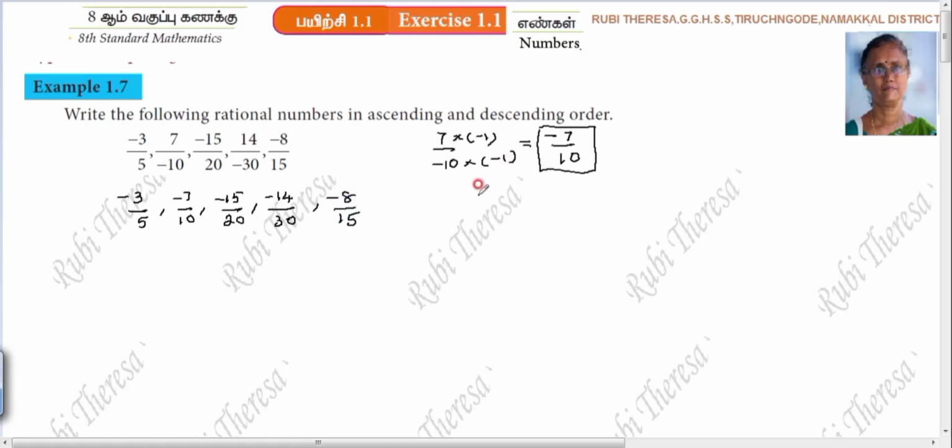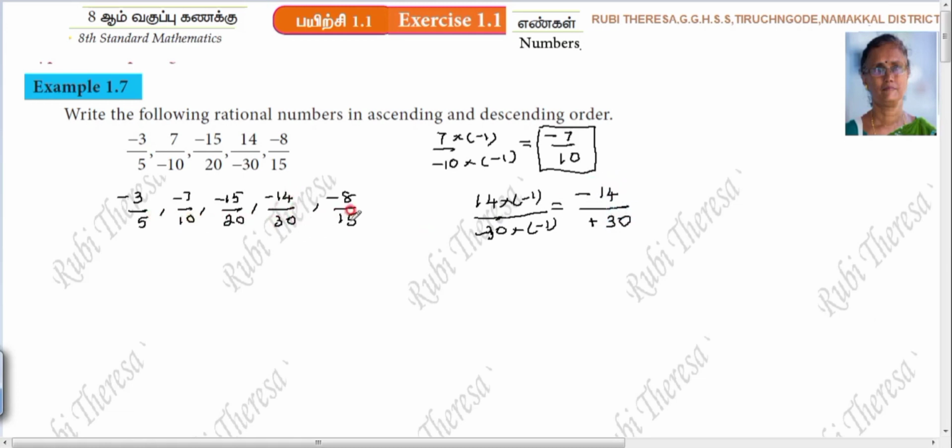How is it here? 14 by minus 30. It is not necessary to do it here, but you have to understand the concept. Plus into minus is minus. 1 14 is 14. Minus into minus is plus. 1 30 is 30. So, minus 14 by 30.